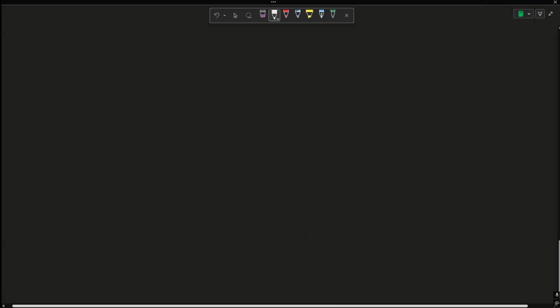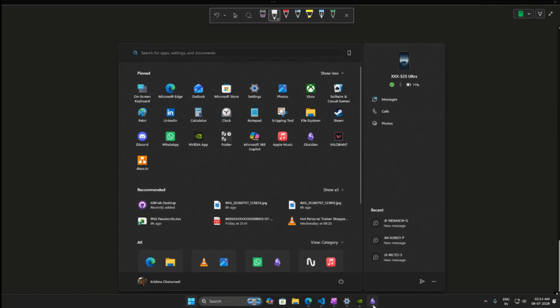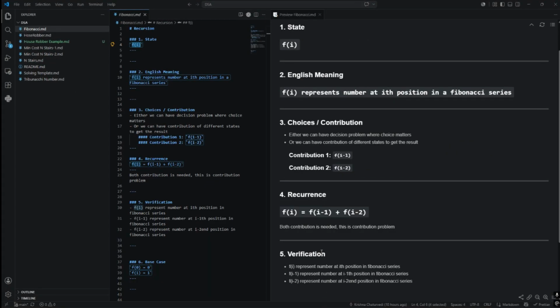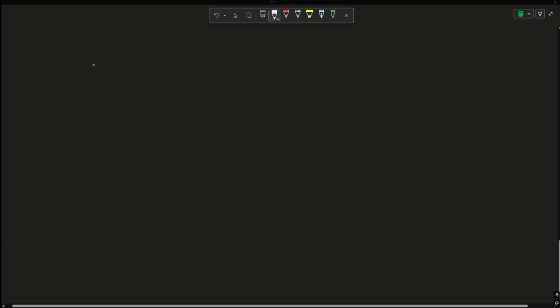Let me give you another example of another problem, a simple problem, but to give you an idea. Fibonacci series: 0 1. These two are fixed digits in the series.